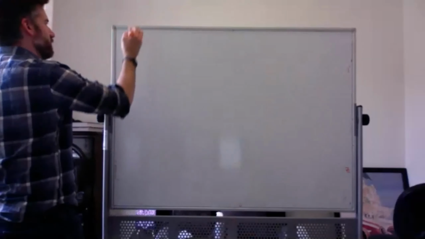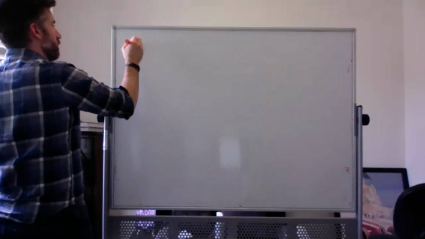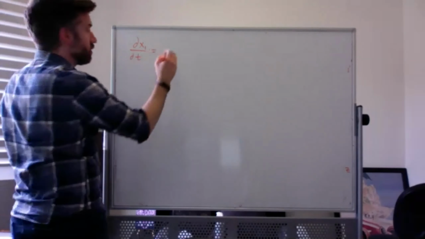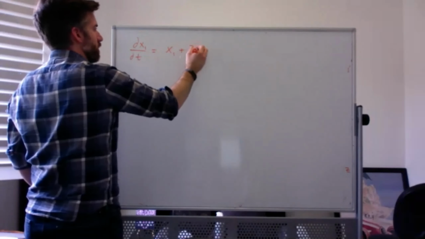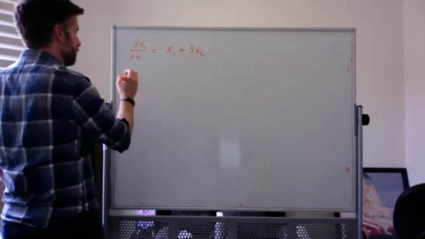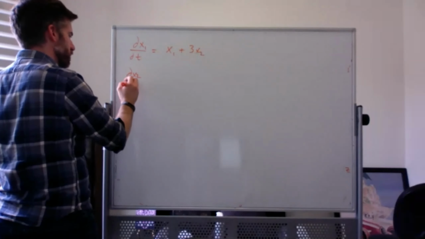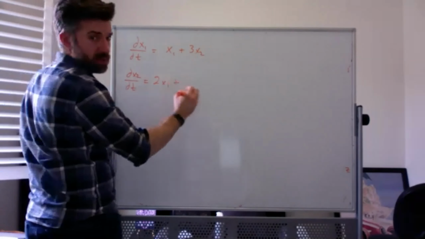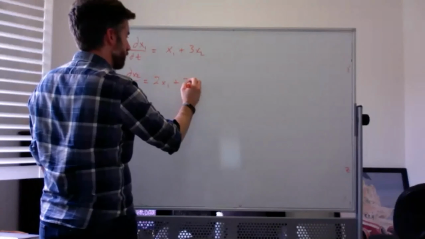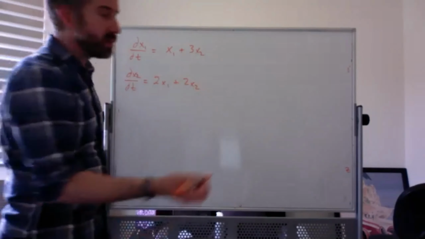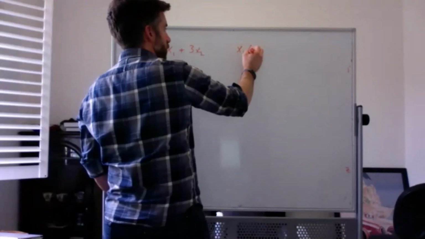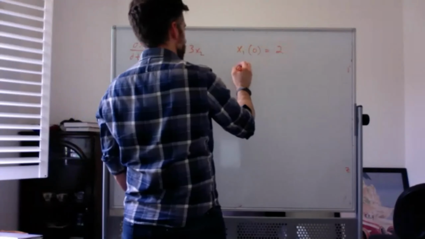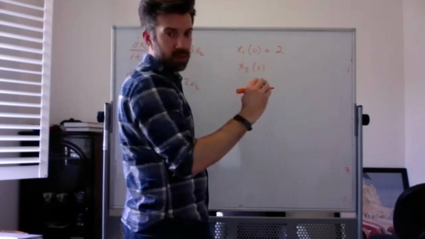We want to solve the system: dx1 dt equal to x1 plus 3x2, and dx2 dt equal to 2x1 plus 2x2, with some initial conditions, x1 evaluated at 0 is equal to 2, and x2 evaluated at 0 is equal to -1.